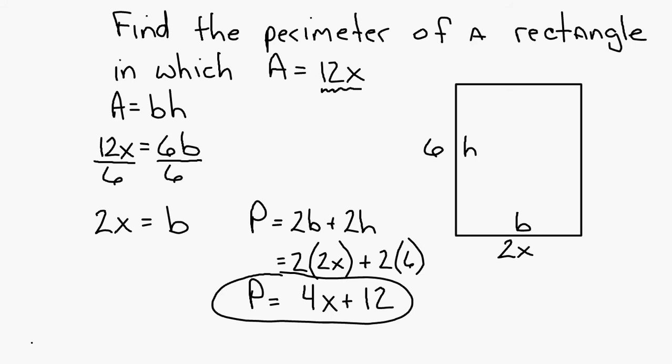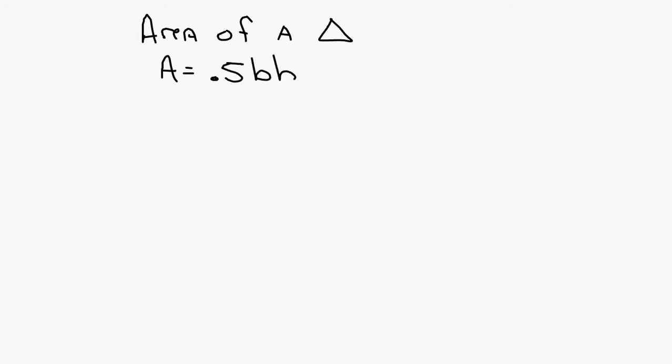All right, on the bottom of 678, area. Area of a triangle. The area of a triangle is equal to 0.5 times its base times its height.